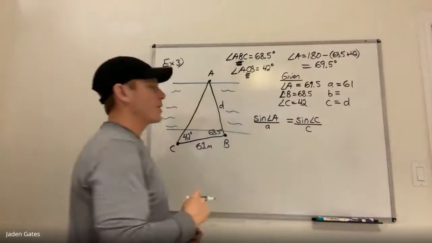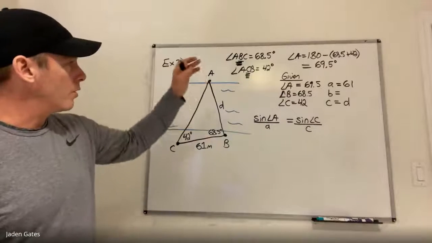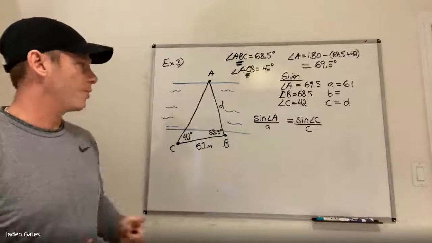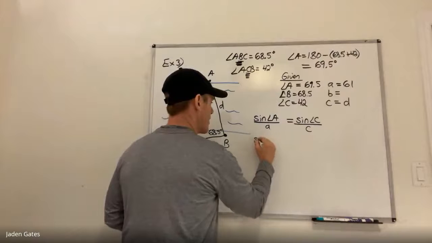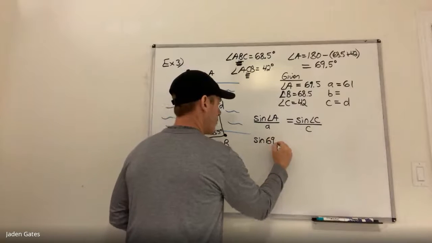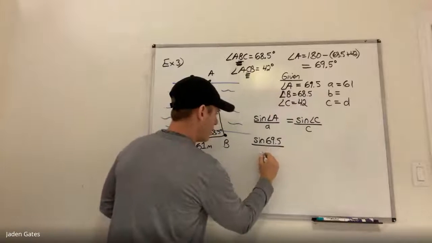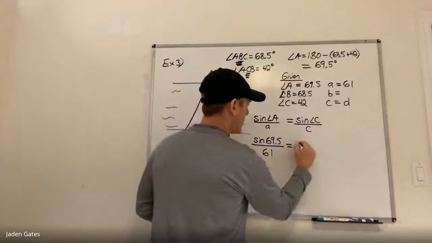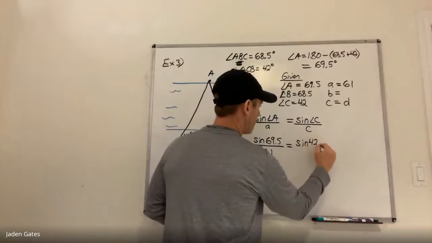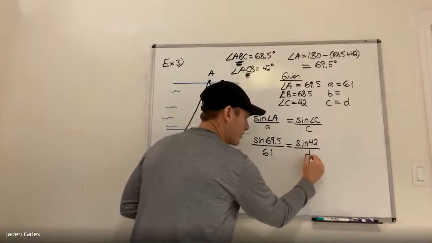All right, but just as I did before, I type in my information and solve for C this time, which I'm going to end up calling D, our distance. So here we go. I'm going to substitute in. So I got sine of 69.5. All right, my side A is 61. Angle C is 42. And side C now is called D because it's the distance.